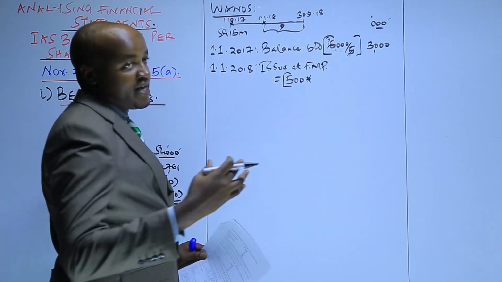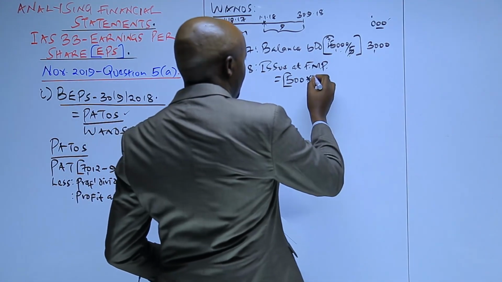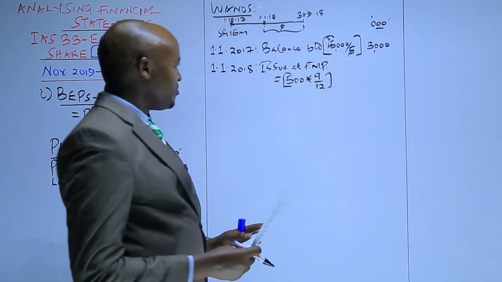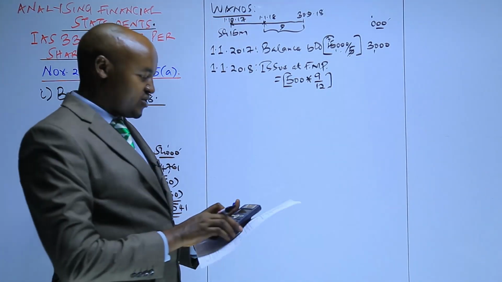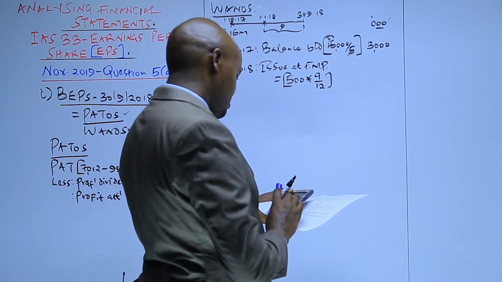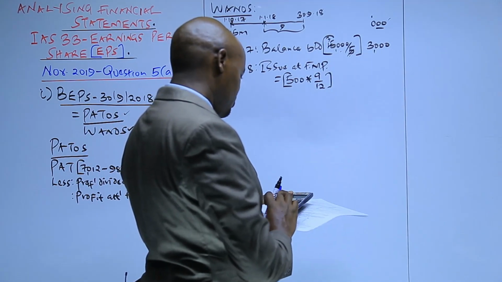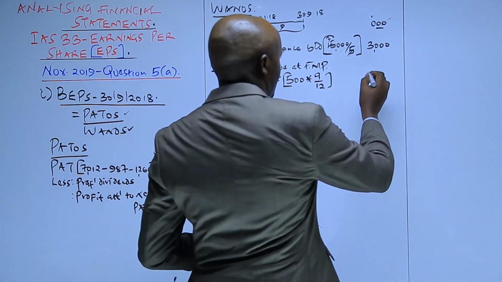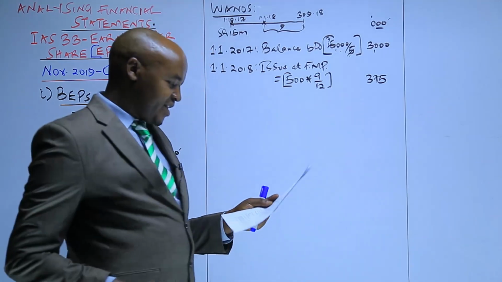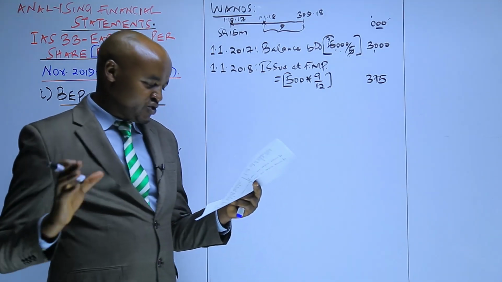So therefore we multiply these shares based on the proportion of time they were held during that year. So we have 500,000 times 9 divided by 12. That will give us 375.